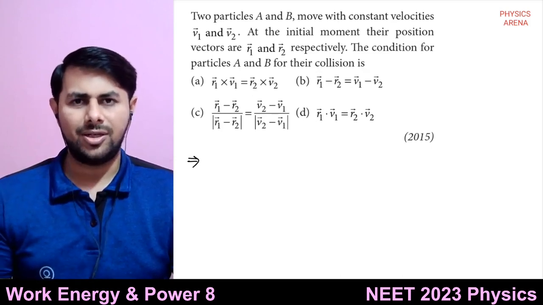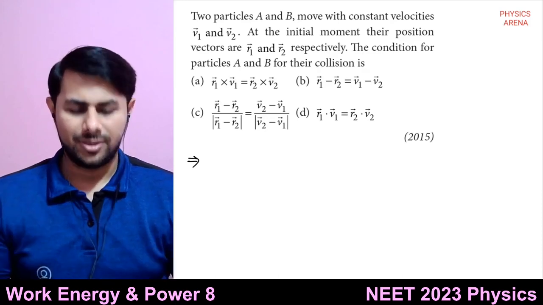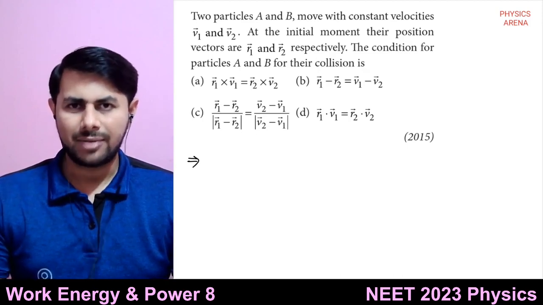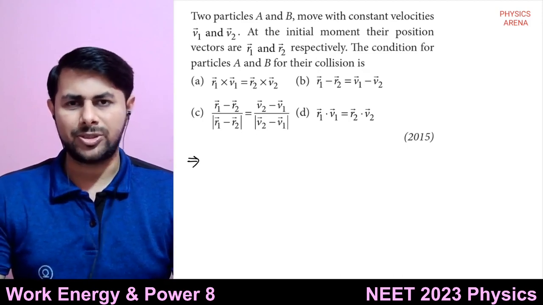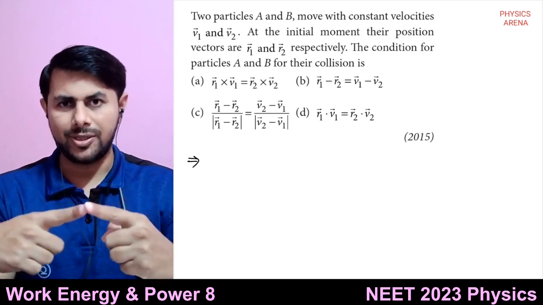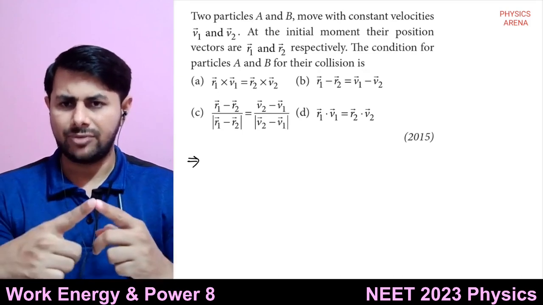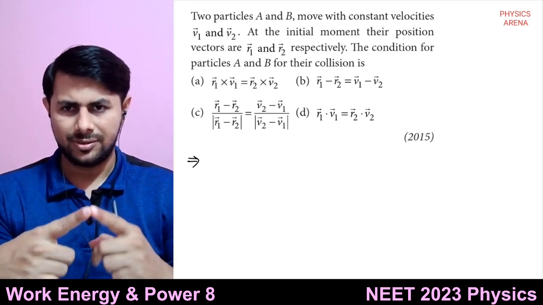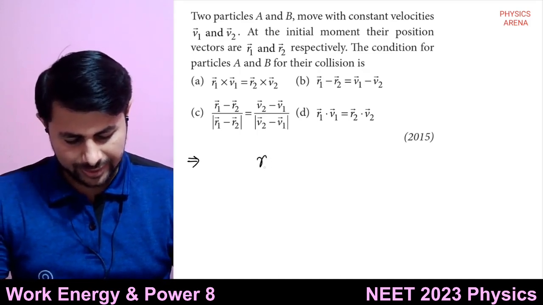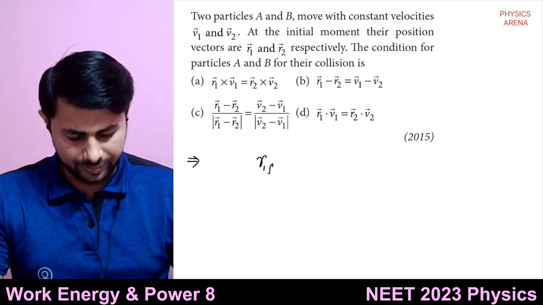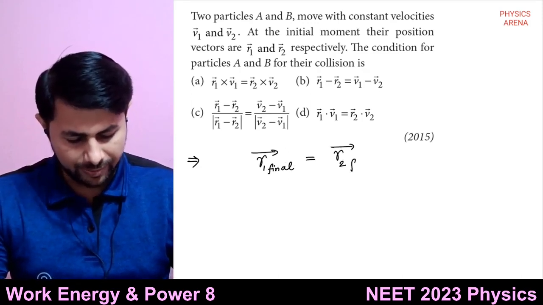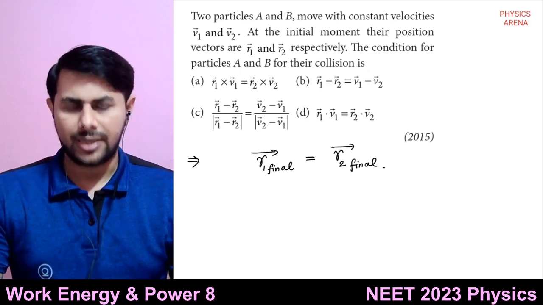So after time t, if the particles collide, what can you say about their position vector? At the time of collision, what can you say about the position vector? Okay, if they collide, at the time of collision of two particles, their position vectors will be equal, right? So for the position vector, I can say r1 final bar is equal to r2 final bar, right?